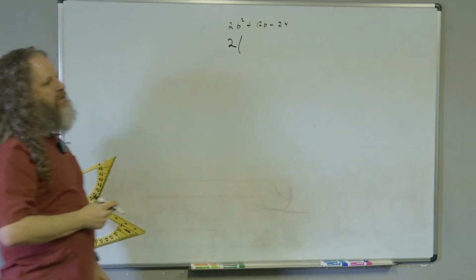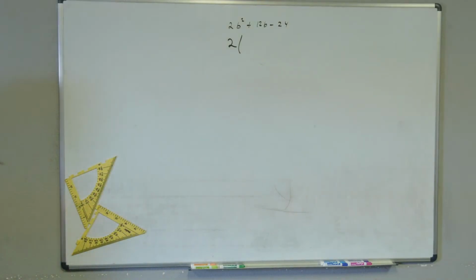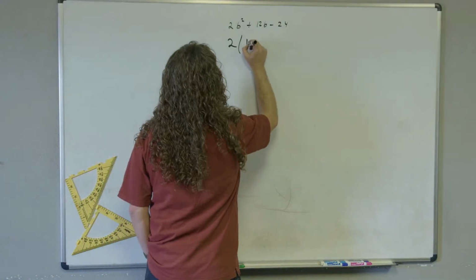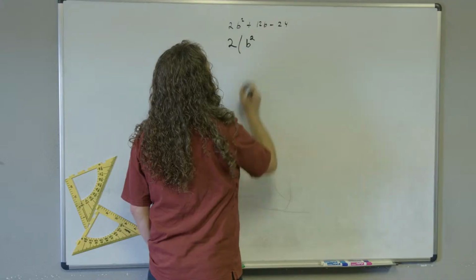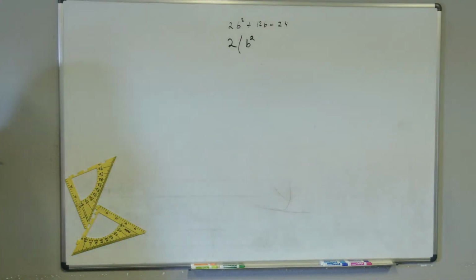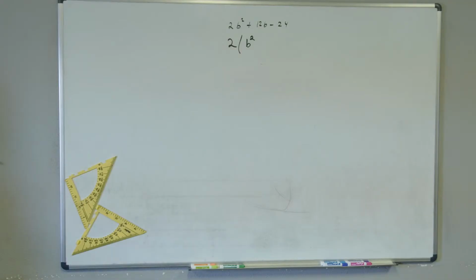When I factor out a 2 out of the first term, what's left? B squared. Bless you. When I factor a 2 out of 12b, what's left? 6b.